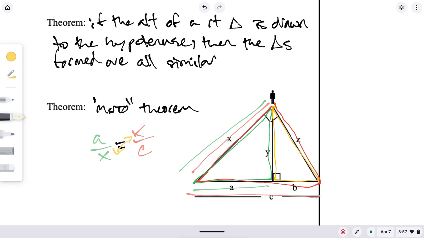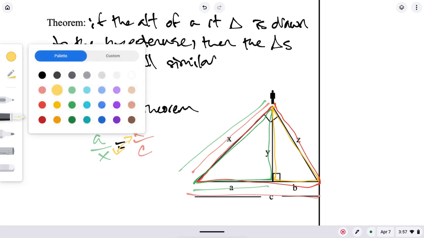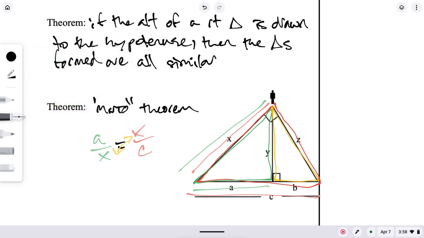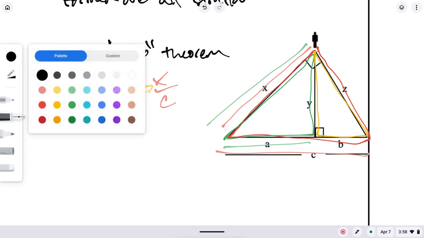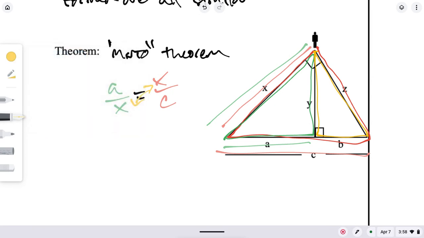But essentially, we need to know that there are three different proportions that could be made. You can have the one I just drew with x's in it. You could have one with y's in it. The y one would be dealing with the two smaller triangles.